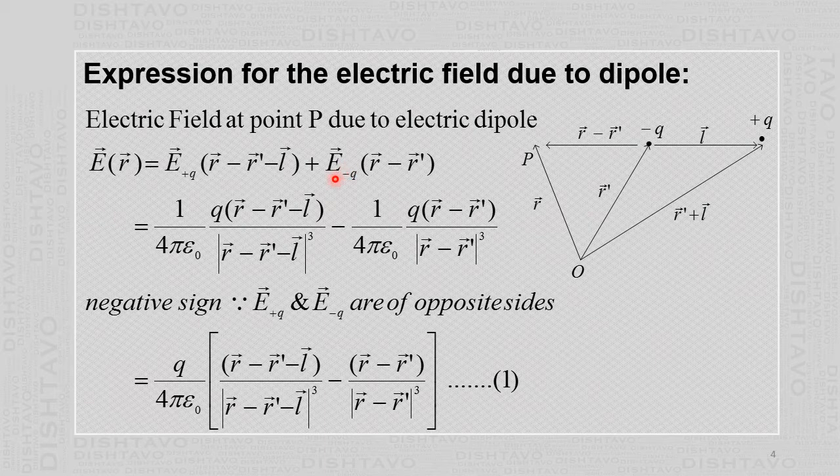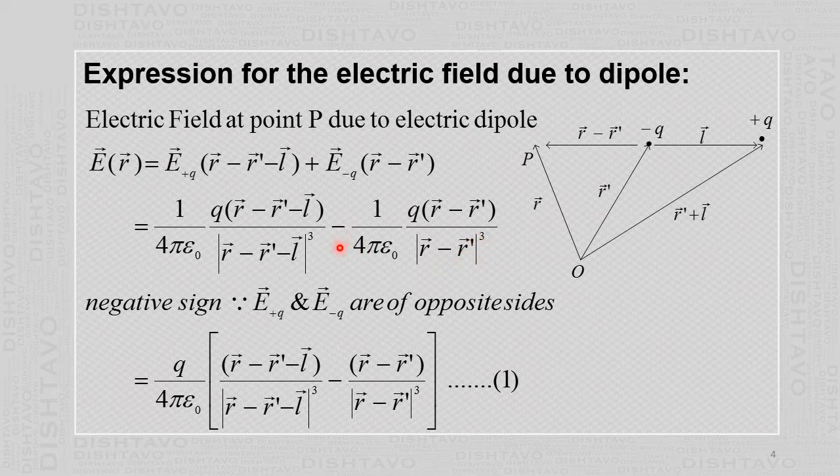Then because of minus Q, the electric field is 1 upon 4 pi epsilon 0, the charge is in fact minus Q, and the distance is vector R minus vector R dash divided by the modulus of that cubed.